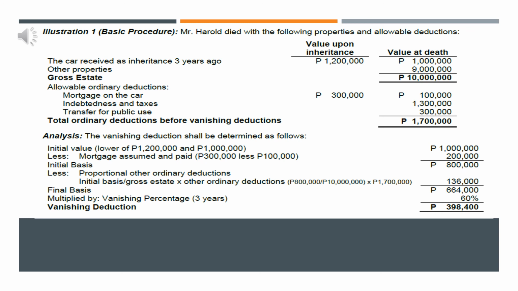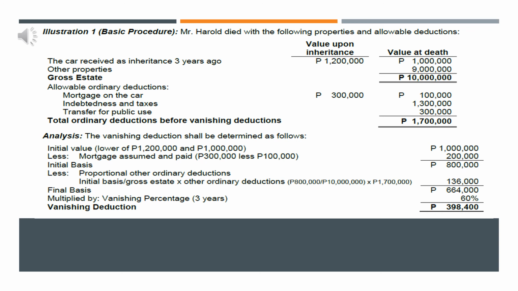Okay, if napapansin nyo kanina, yung sinabi ko, yung may mortgage na before inheritance or value upon inheritance, yung mortgage sa car na yan is 300,000. Tapos, yung namatay siya, 100 na lang. So, merong binayaran si decedent dyan na 200,000 pesos. Therefore, 1 million less 200, our initial basis is 800,000 pesos.